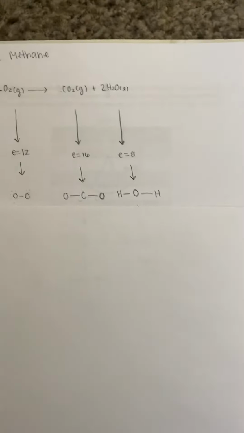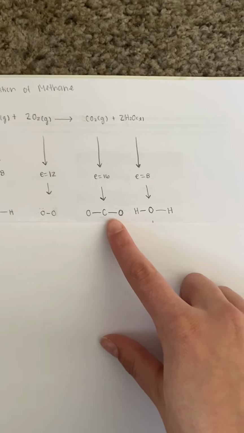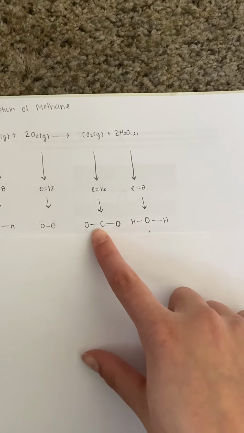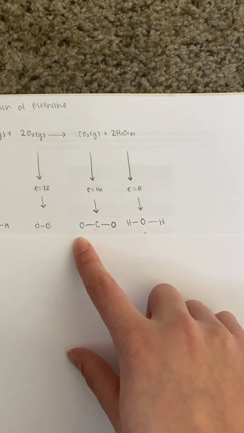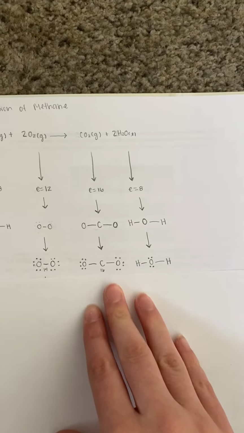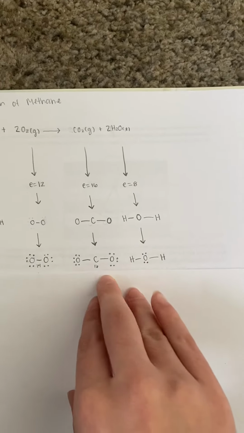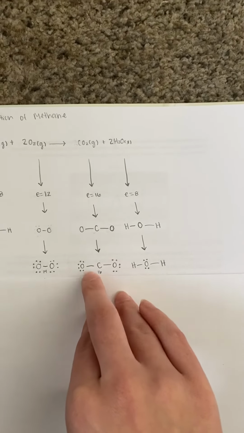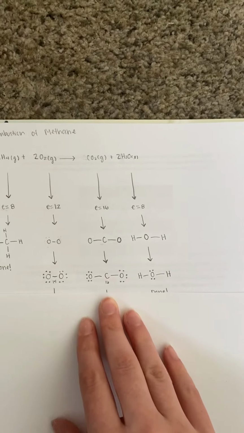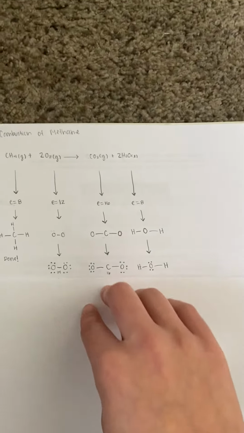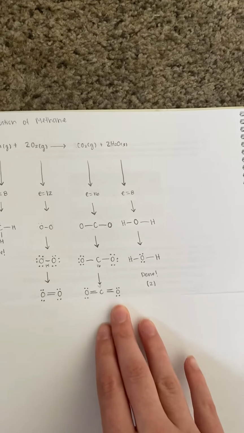As far as CO2 goes, we're going to do our skeleton structure with carbon in the middle. There are only 4 pictured here, so we're going to need to add the rest of them to the outside of the oxygen. After adding them, we have a total of 16, which does fulfill that rule, but it does not fulfill carbon's rule. So we are going to need to combine them and make some double bonds here.